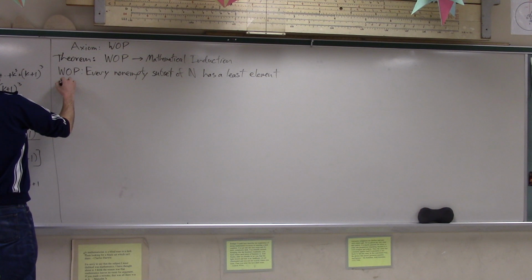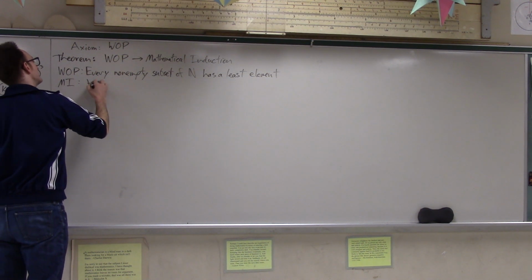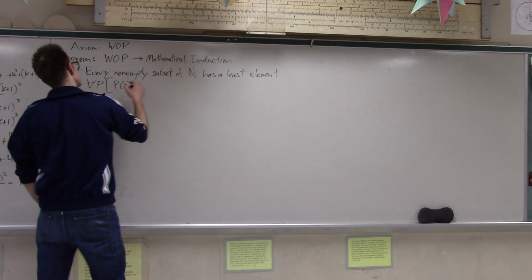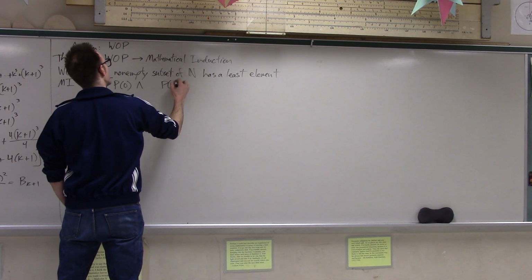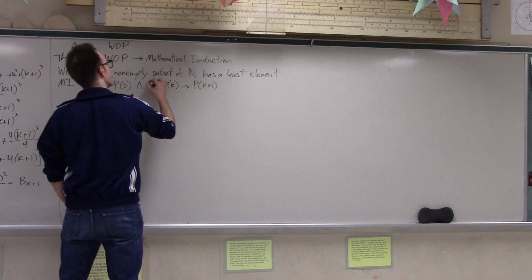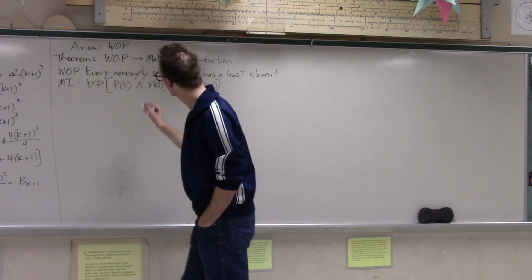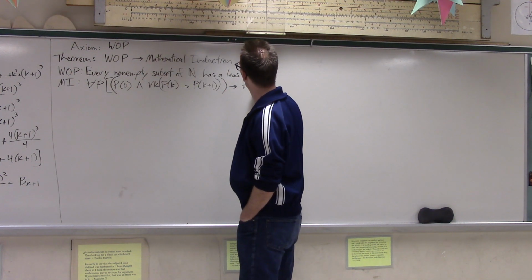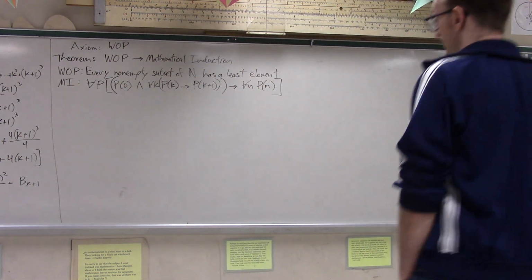And of course, mathematical induction, I'll just repeat it here, says that for any possible property whatsoever, if you can prove that 0 has that property, and you can prove that whenever a number has the property, the next number has that property, that for any number that condition holds, then for all n, all the numbers have that property.